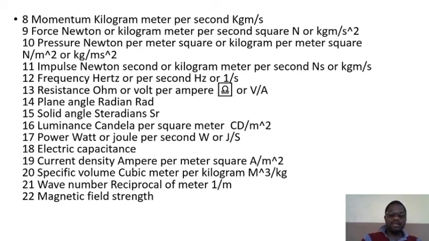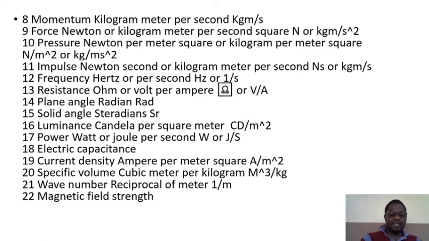Then we have a current density. Current density is measured in ampere per meter square. Then we have a specific volume. Specific volume is measured in cubic meter per kilogram. Then we have magnetic field strength.